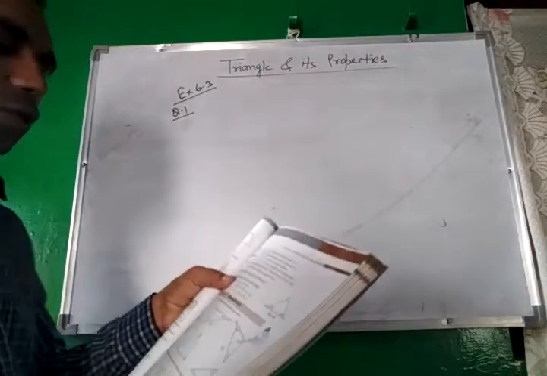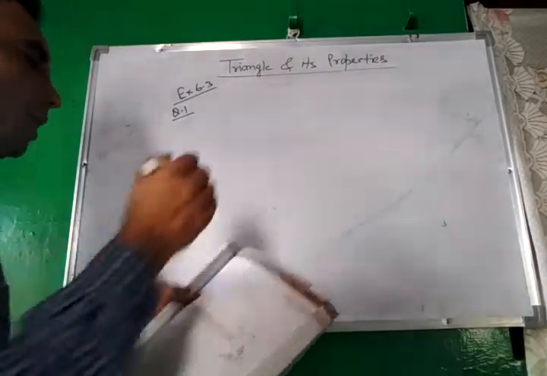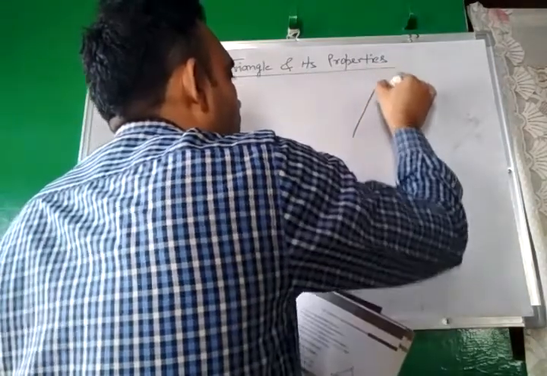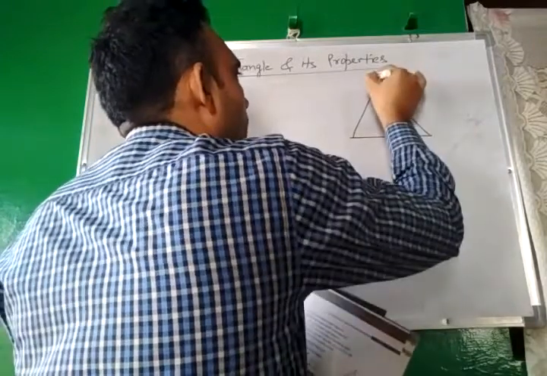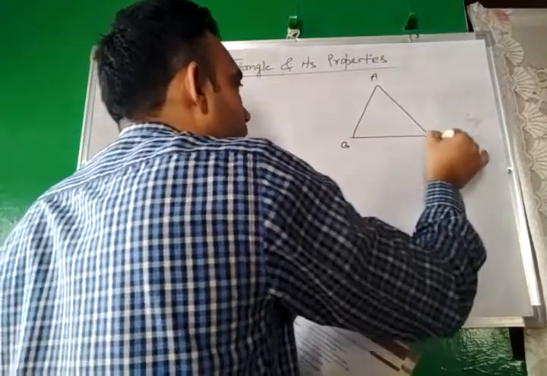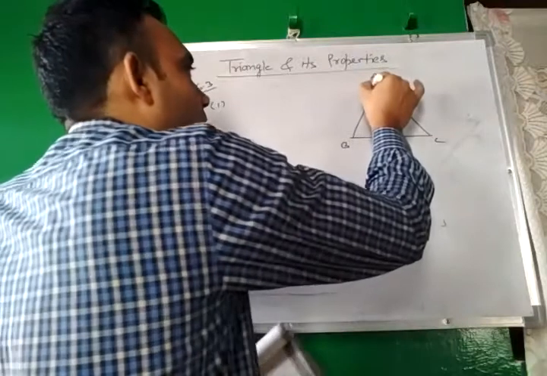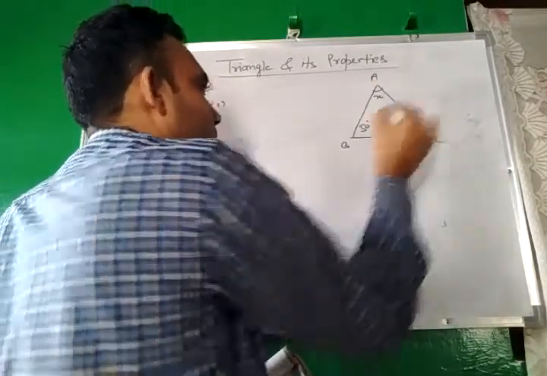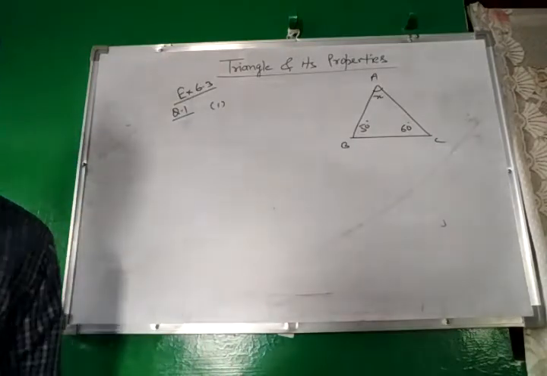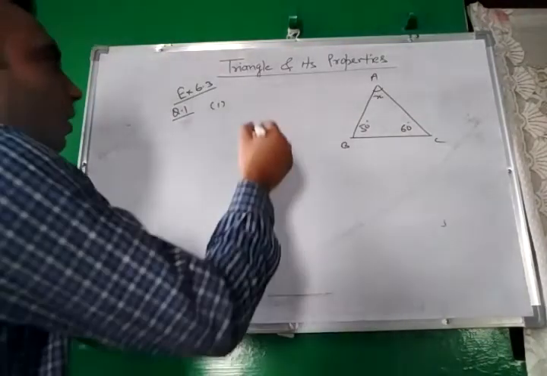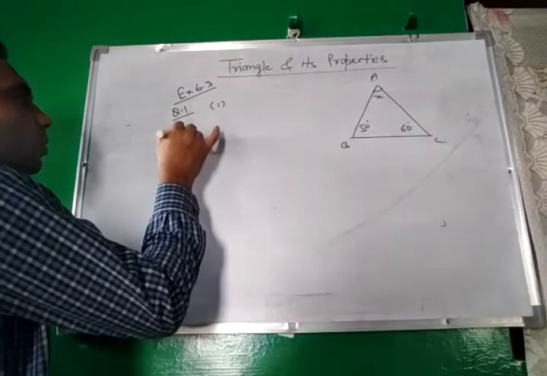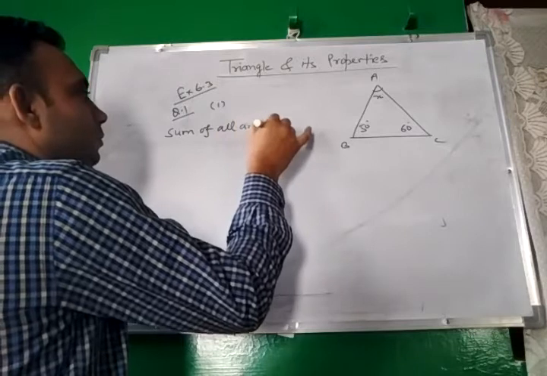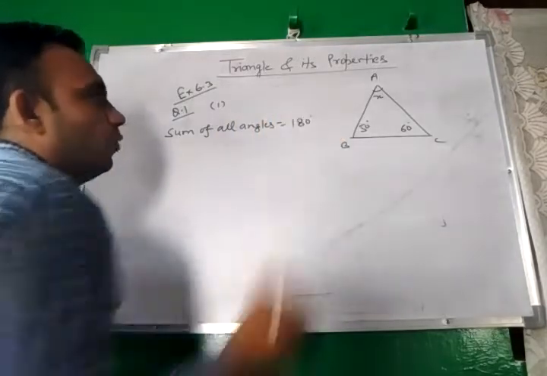Find the value of the unknown x in the following diagrams. The first part: this is the given triangle ABC. This is given x, this is given 50 degrees and this is given 60 degrees. Triangle, so the sum of all angles is 180 degrees.